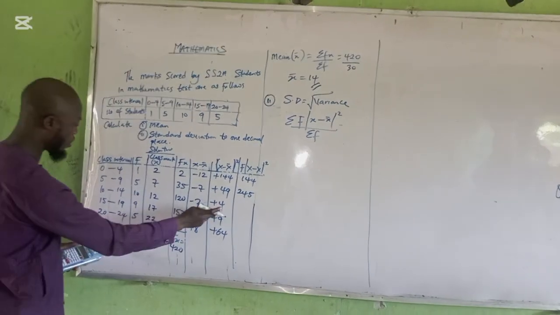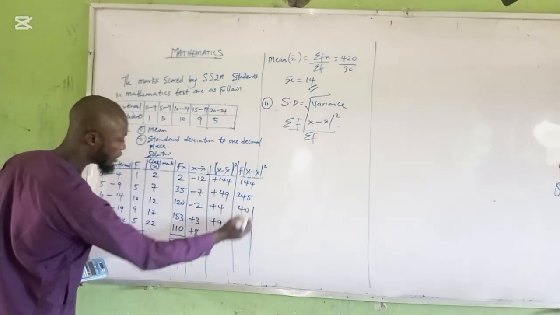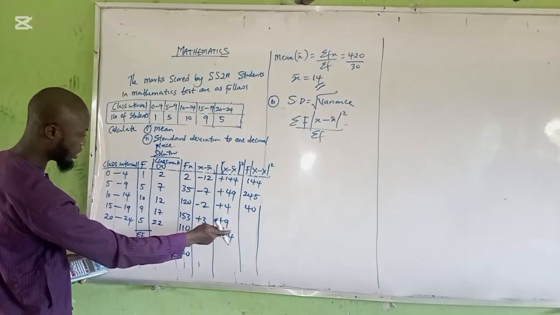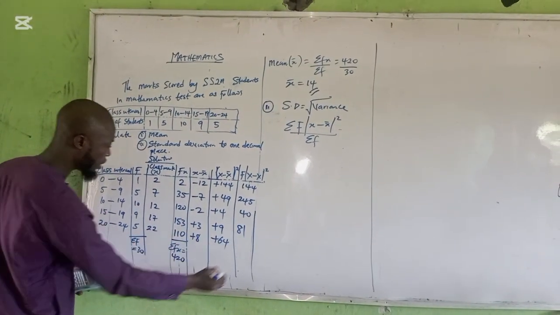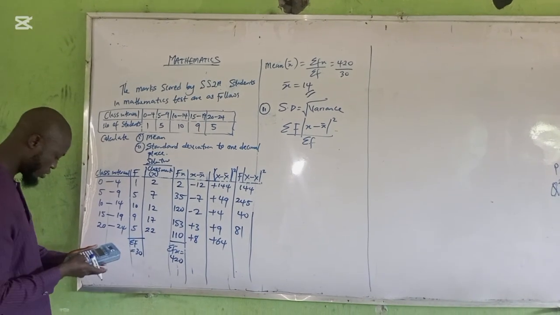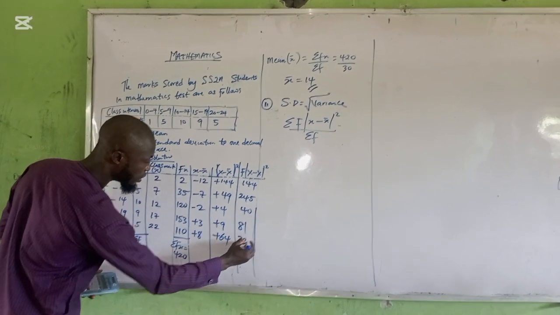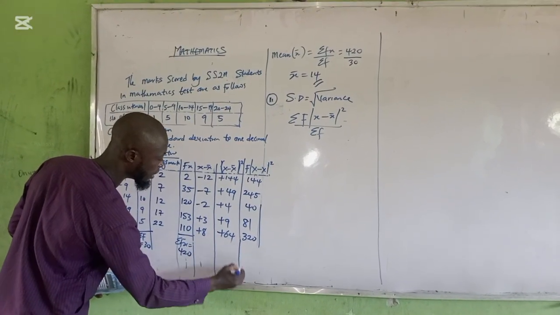Then 10 times 4 gives us 40. 9 times 9 gives us 81. And then 5 times 64 gives us 320.